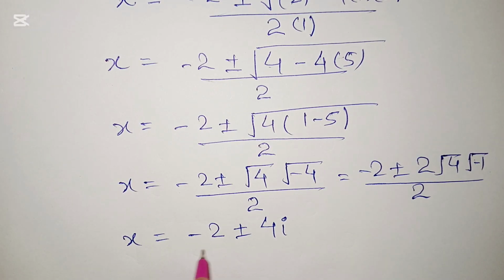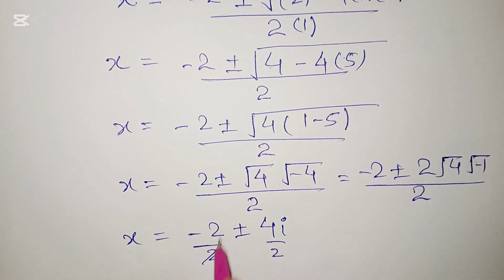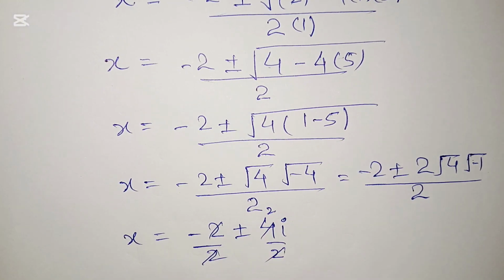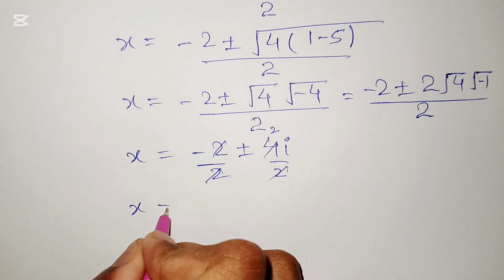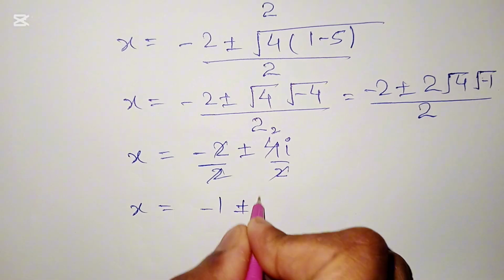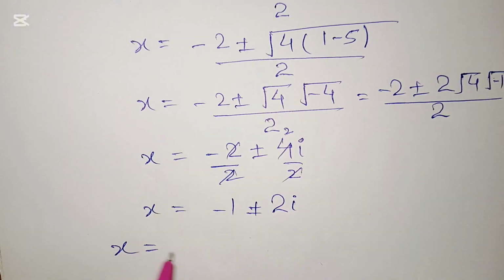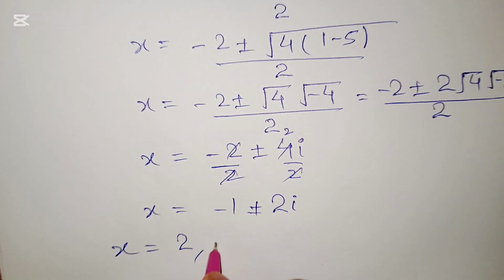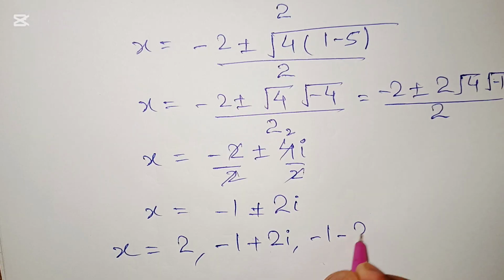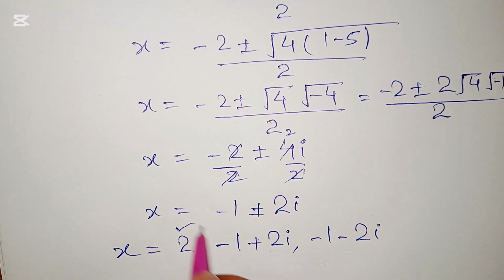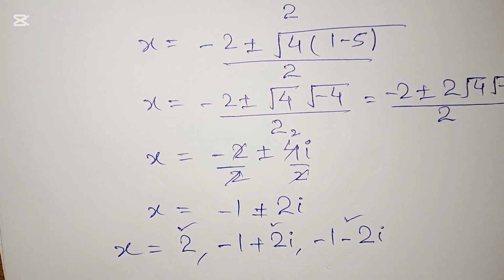This 2 here and here, 2 cancels with 2. So x will be equal to -1 plus minus 2 iota. So we have three values of x. One is 2, one is -1 plus 2 iota, and -1 minus 2 iota. This is the real value, and these two are the complex, imaginary values.